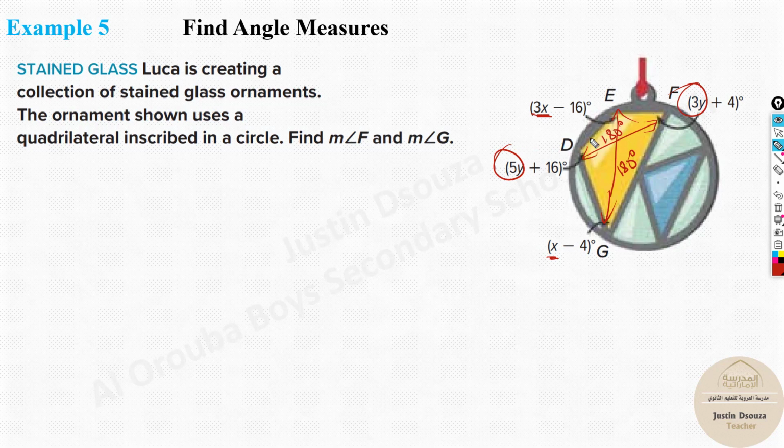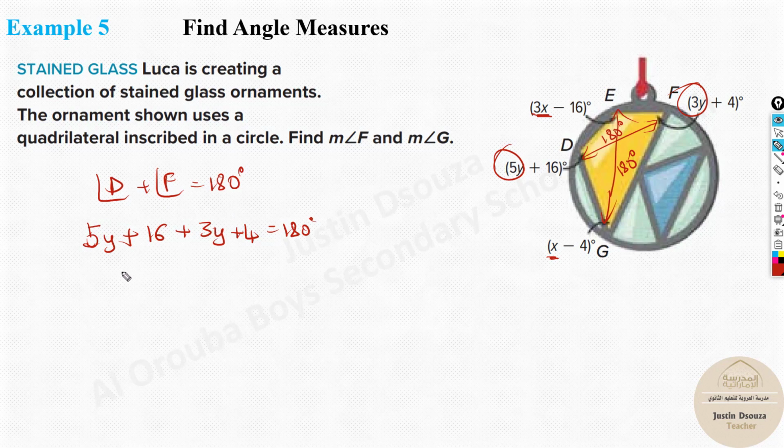So let me do D and F first. I know the measure of angle D plus measure of angle F must be equal to 180 because it's supplementary. So D is 5y plus 16, plus F is 3y plus 4, that is equal to 180 degrees.